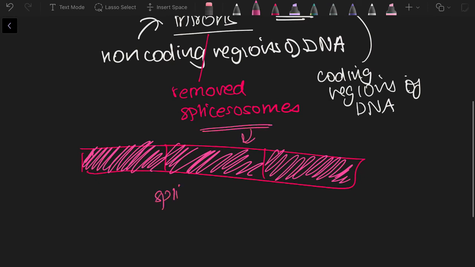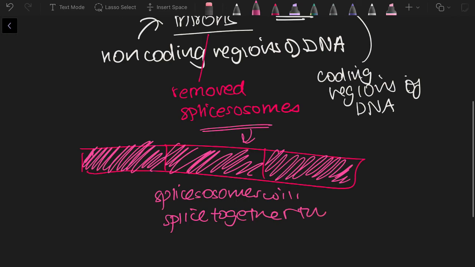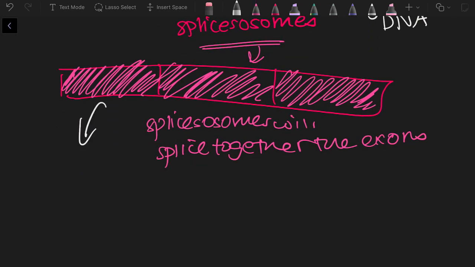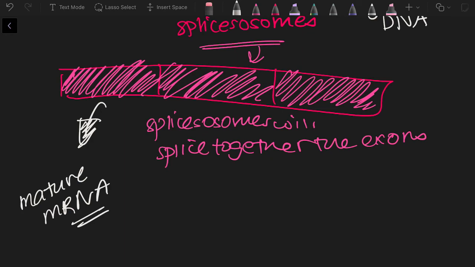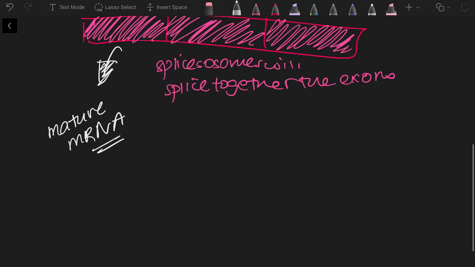Once the exons get spliced together, at this stage we call this molecule a mature mRNA molecule, because it has undergone post-transcriptional modification, the removal of the introns, which are non-coding regions. So that's pretty much it for RNA processing.